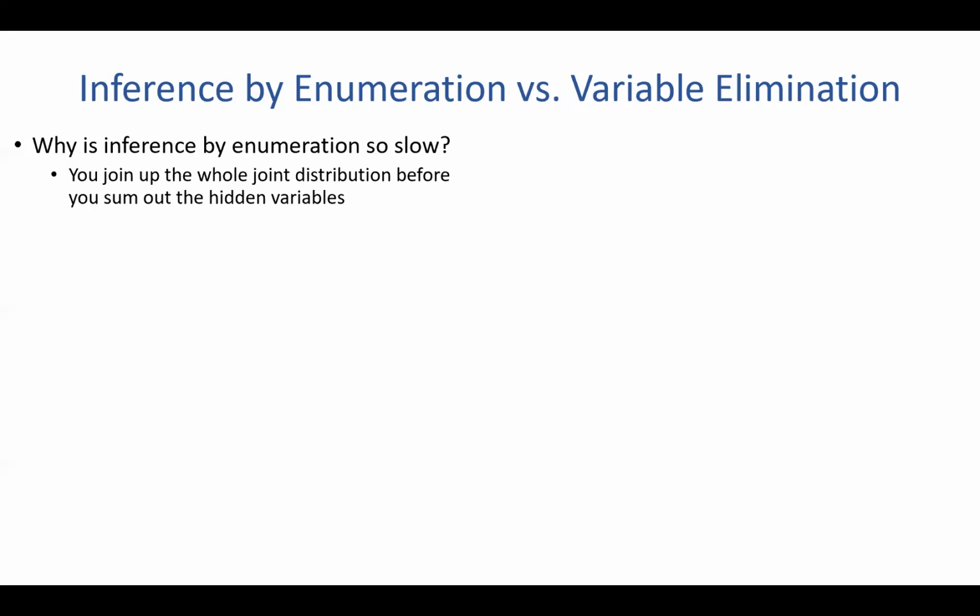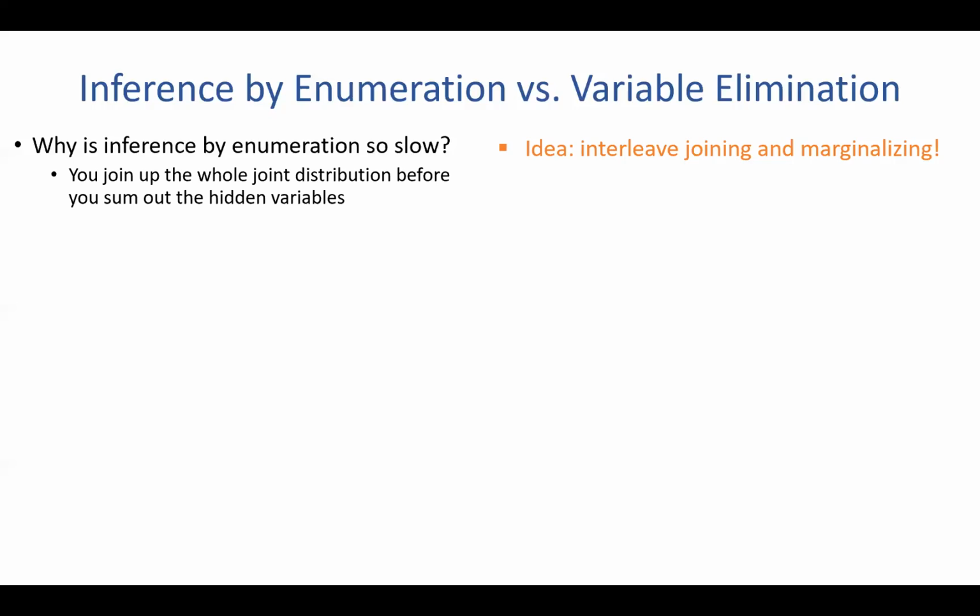What we have to do is we have to get the marginal conditional distributions, join all of them together with respect to all the unobserved or hidden variables to get the large joint distribution table, right? And then from that large joint distribution table, we take away the rows that don't have the evidence. So we actually join all of them together, get the entire giant joint distribution table, and then solve for the query, which is why it can get very, very slow.